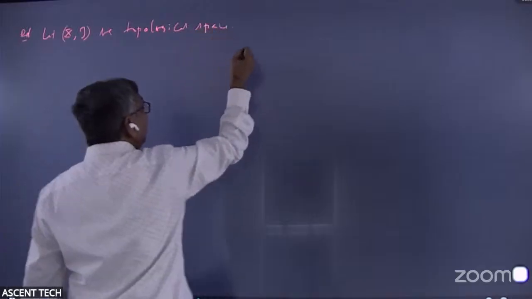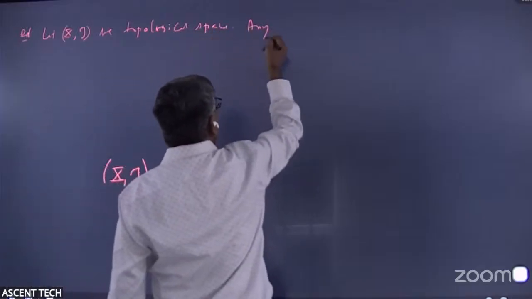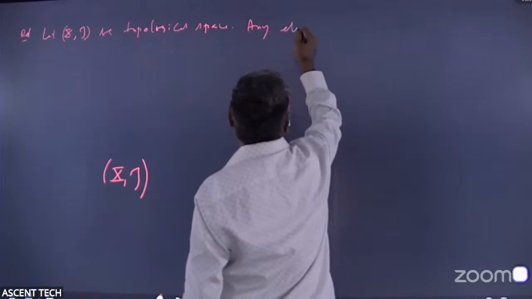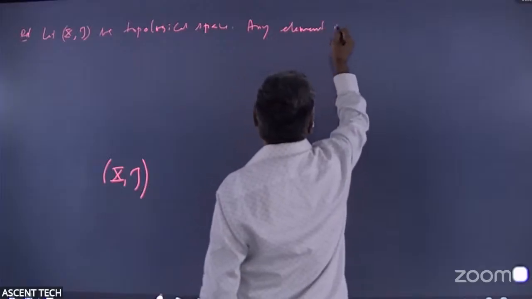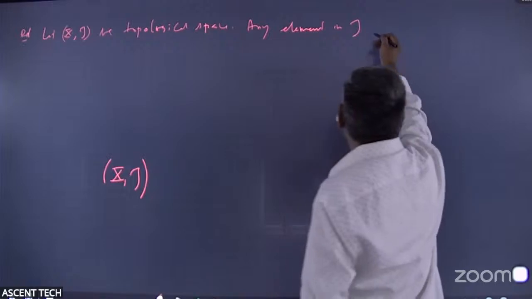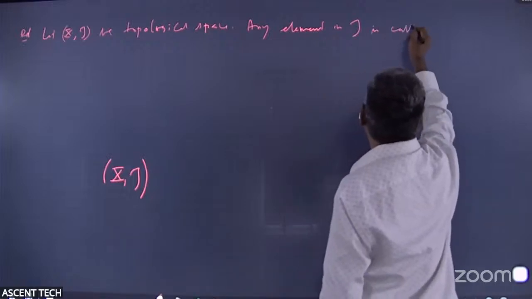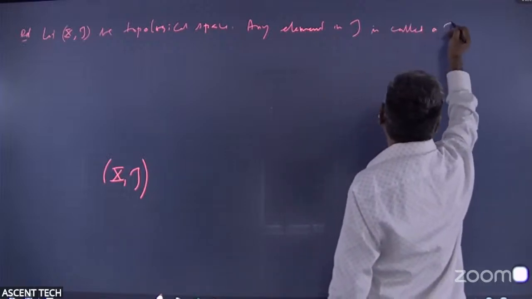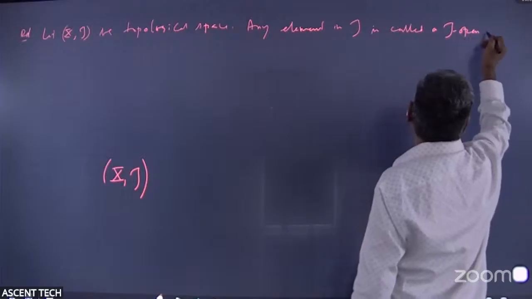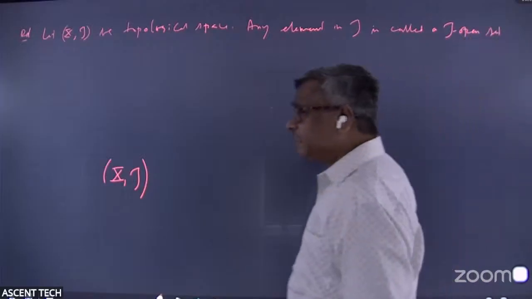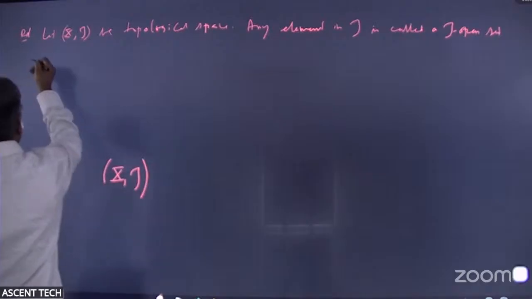Let (X, T) be a topological space. Any element in T is called a T-open set. I will usually say just an open set if T is understood.